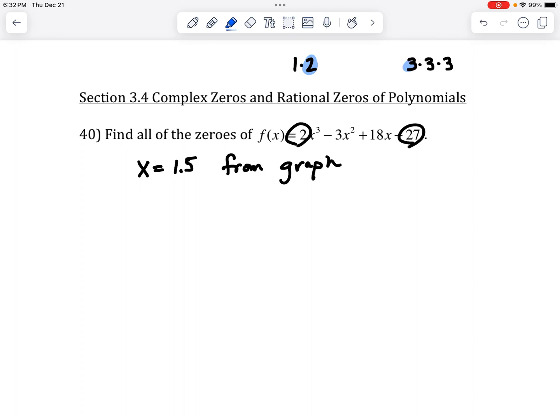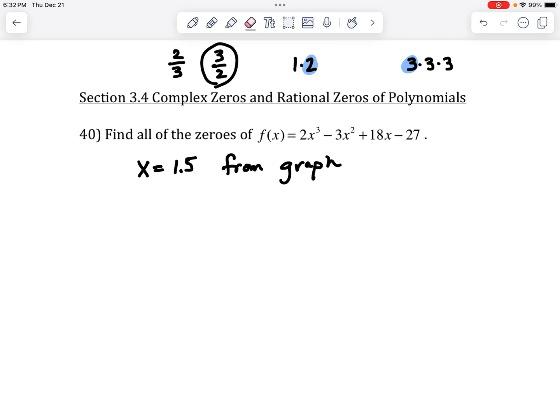And then you pick one from the second list. So let's say I do a 3, and then you say, well, maybe 2 over 3 is an answer, or maybe 3 over 2 is an answer. And then you would substitute those in the function and find out that it was actually this one that will make it equal to 0.